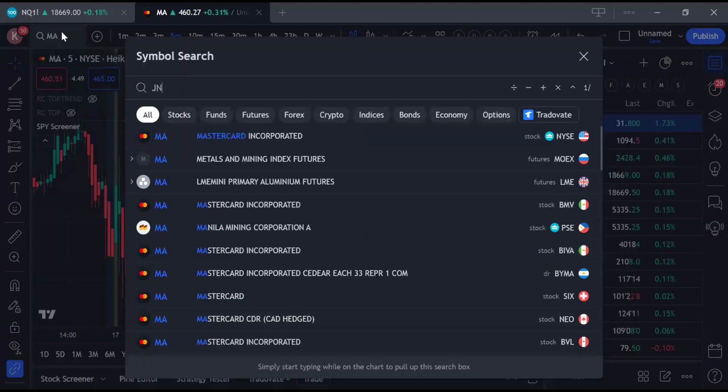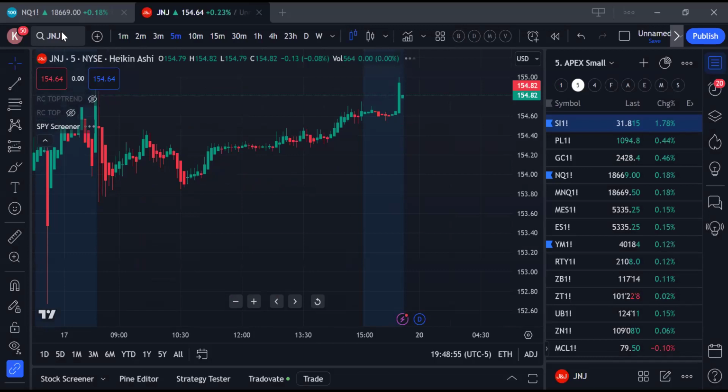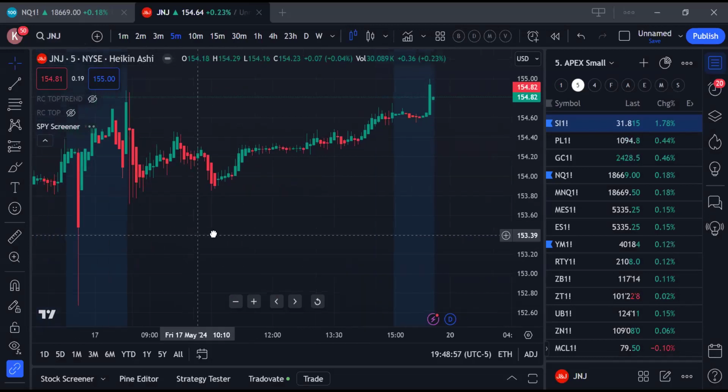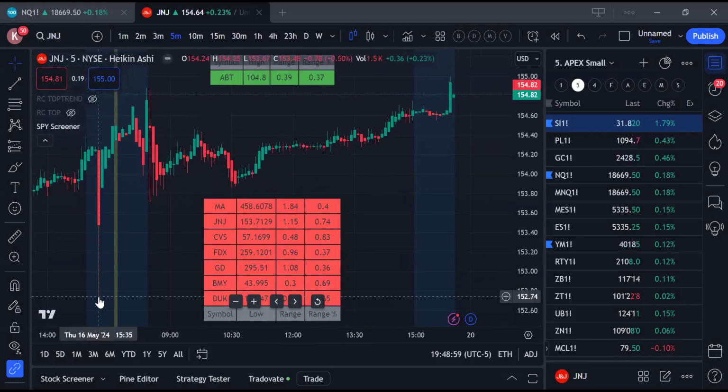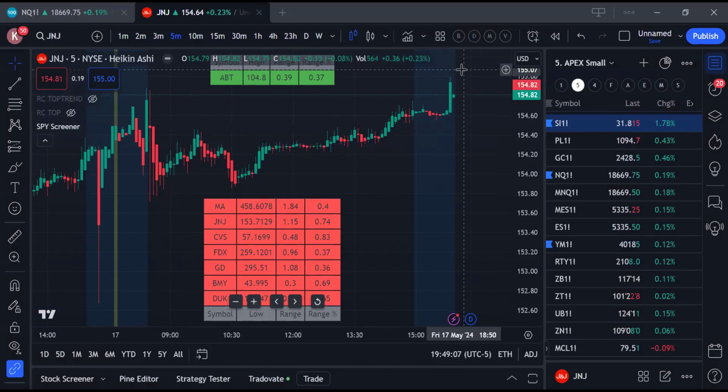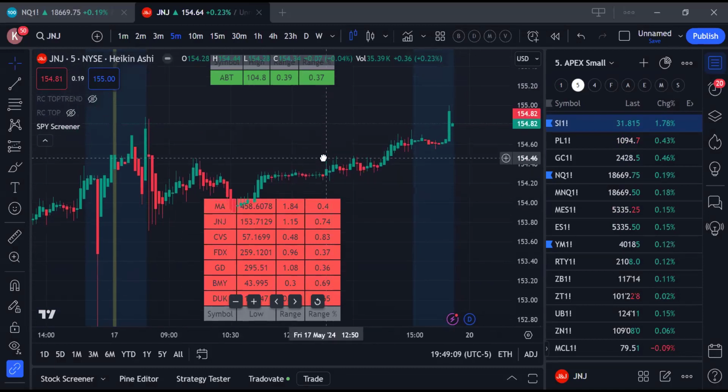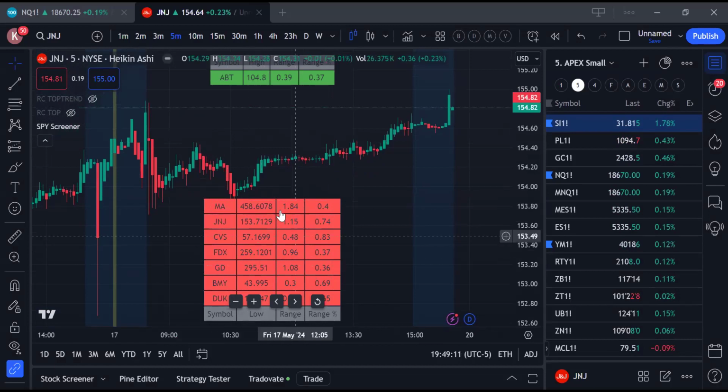Let us look at J&J. Right, it was somewhere here in the first 5 minutes. It went all the way to the top. So the stocks which are at the bottom will go up in the later part of the day, and the stocks which are at the top will go down later part of the day.